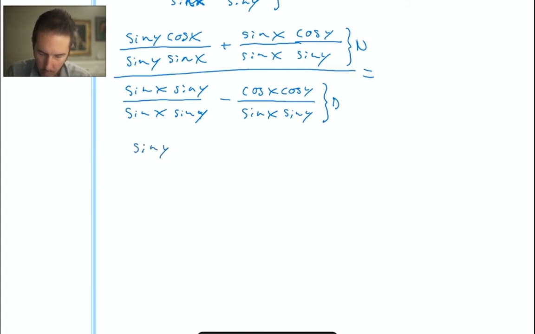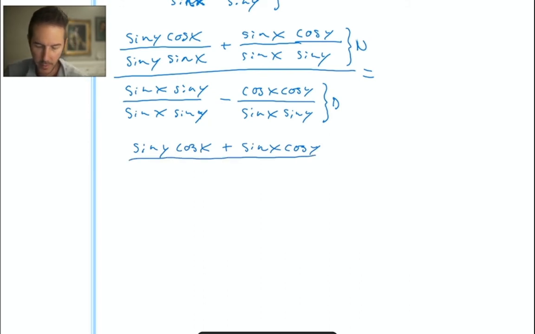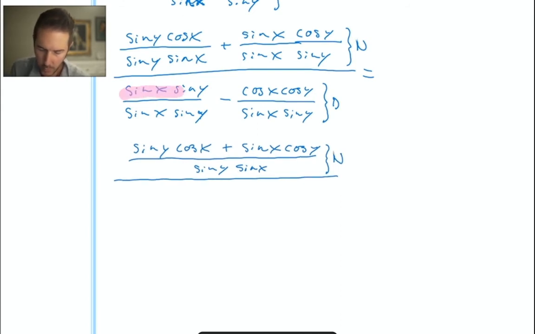So I've got sine y cosine x plus sine x cosine y, all divided by the common denominator of the big numerator, which is sine y sine x, and then that's all divided by, and let's bracket it, that's the big numerator.